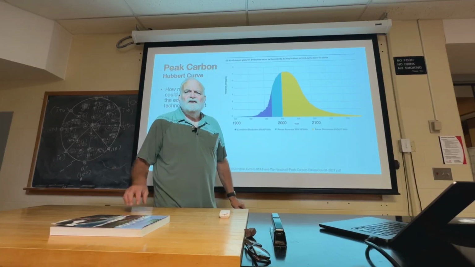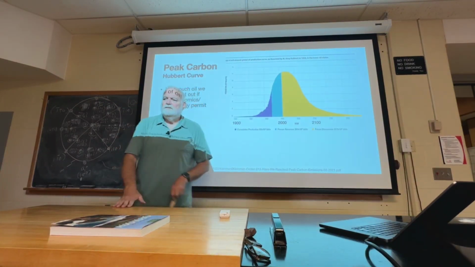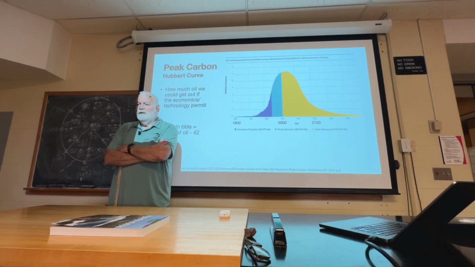So what are the ramifications if there's no more carbon to be had? How would that matter to this concept of global warming? No more carbon to be had, or it was too expensive to get. Why would I care about that?